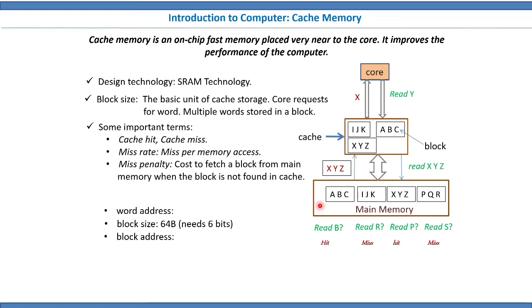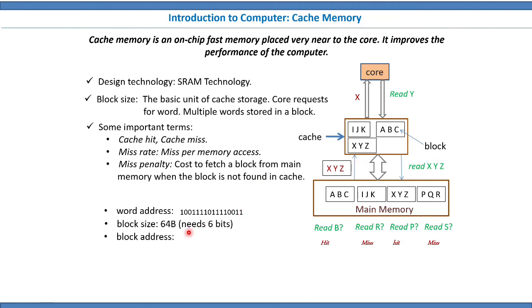Most of the time the core requests a word. So suppose this is a word address. Normally the addresses are 32-bit or 64-bit, right? But here I'm assuming maybe it's 16-bit. Yes, I think it is 16 bit. Assume that this is a 16-bit address. So if this is the word address, then the core will request this address.